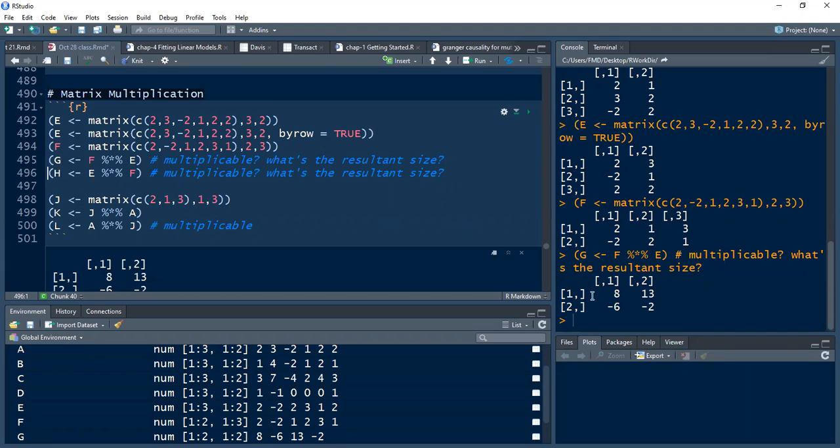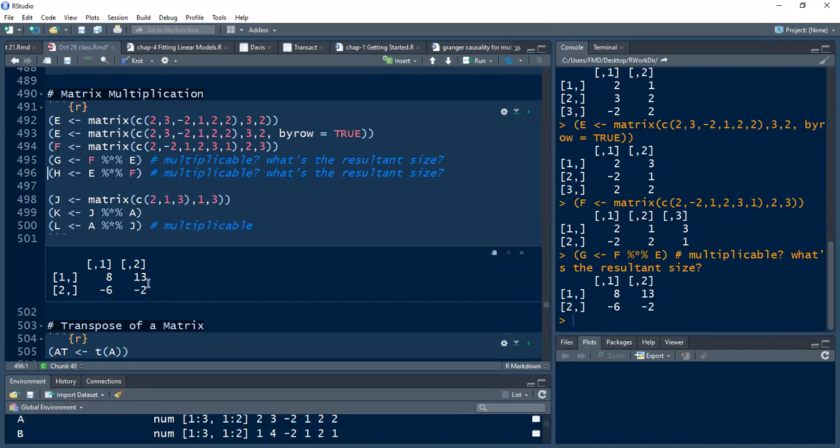We notice that F times E, where F is 2 by 3 and E is 3 by 2, gives, as we said a while ago, a 2 by 2 resultant matrix. And indeed it is 2 by 2. This can also be easily validated using Excel. We will have the same result.